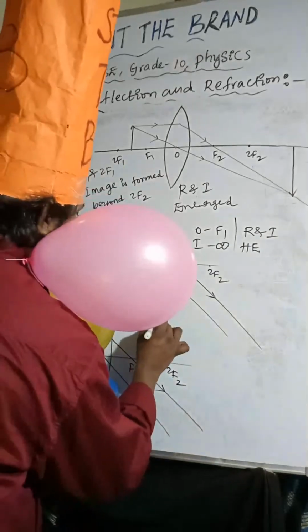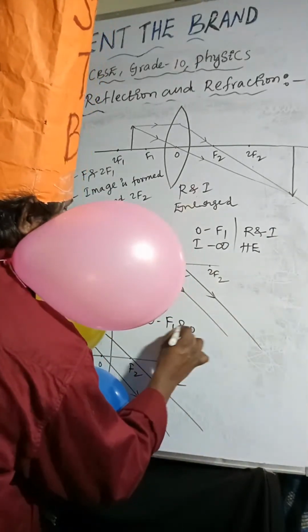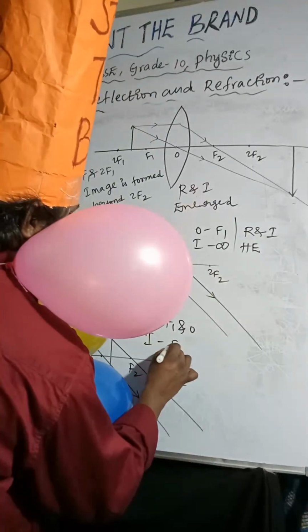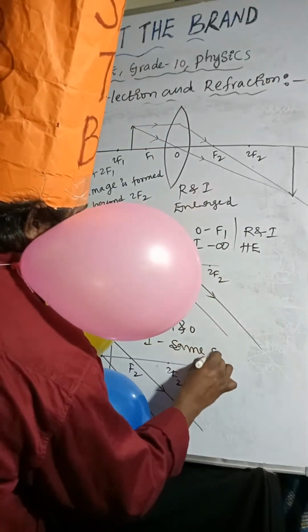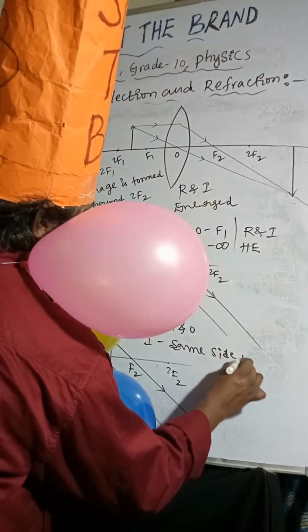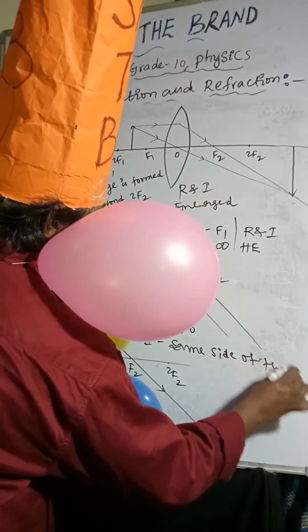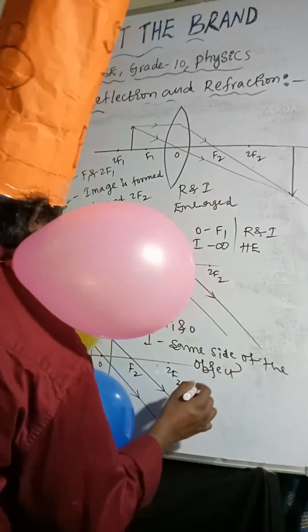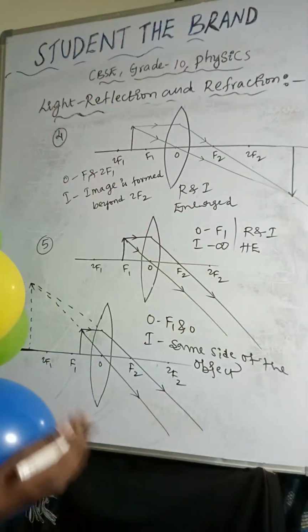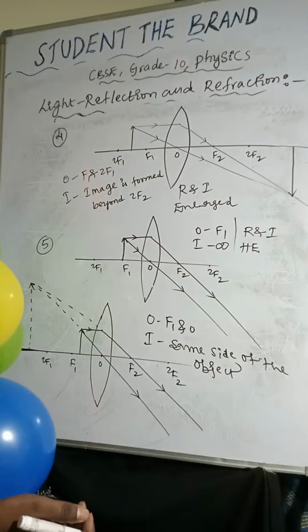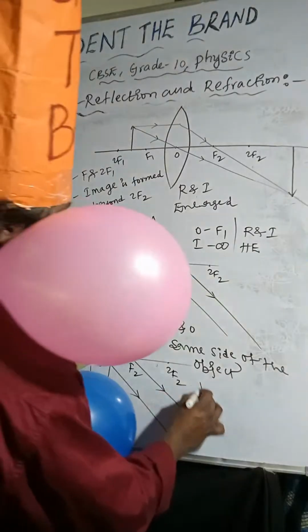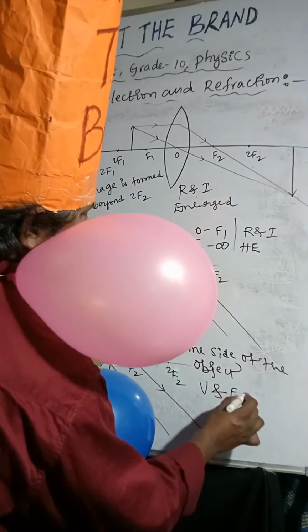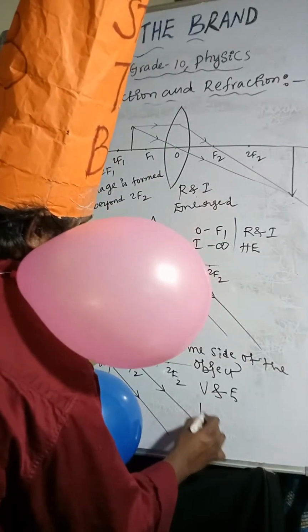The object is placed between F1 and O, and the image is forming on the same side of the object. So the nature of the image is virtual, erect, and the size of the image is enlarged.